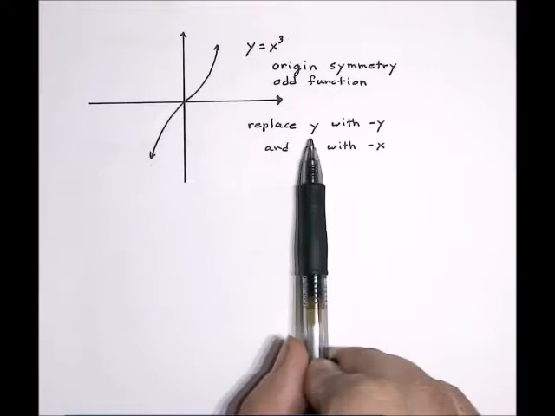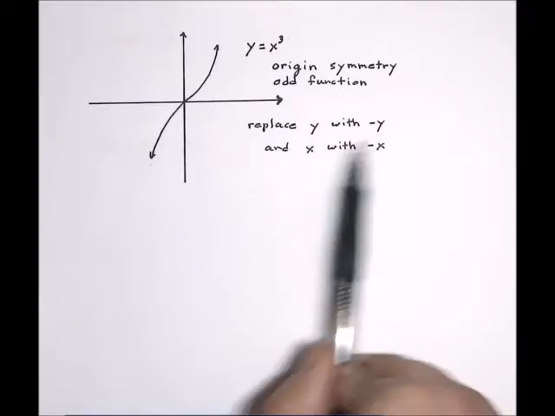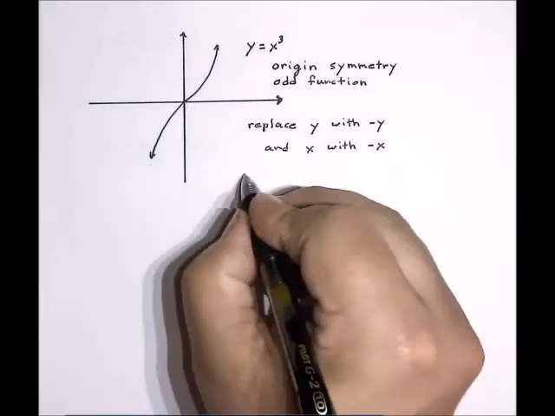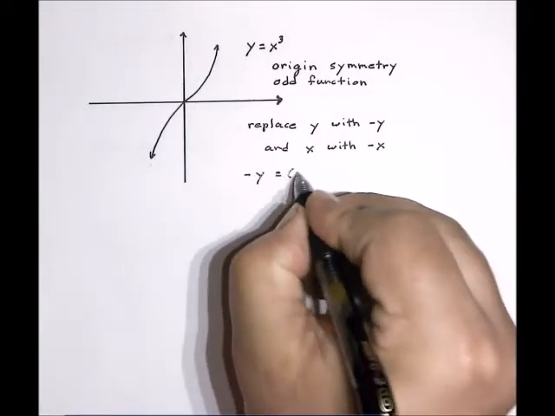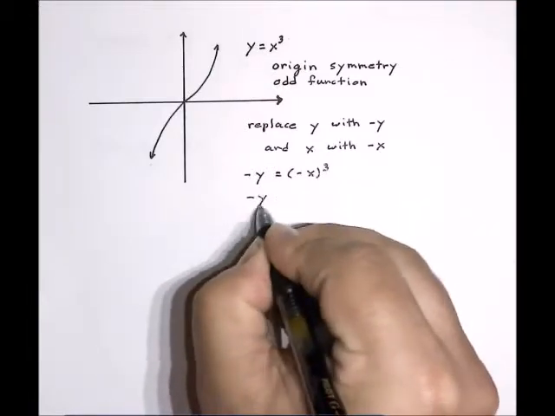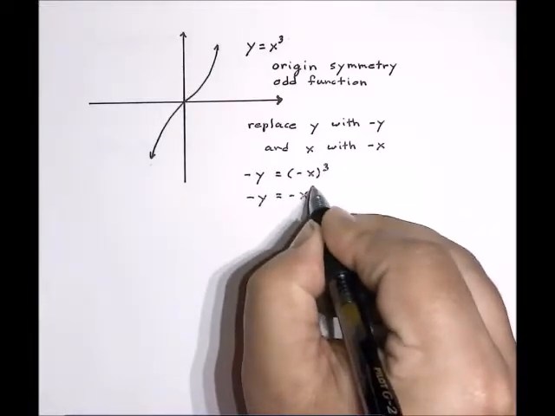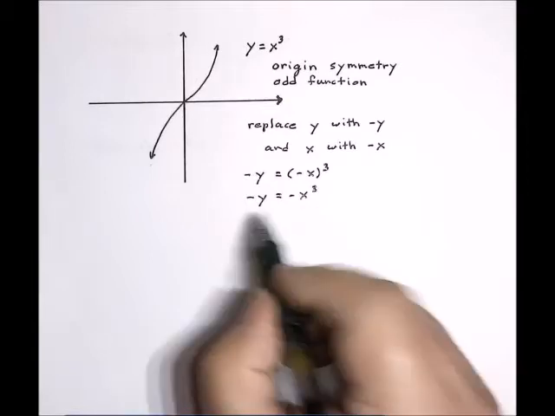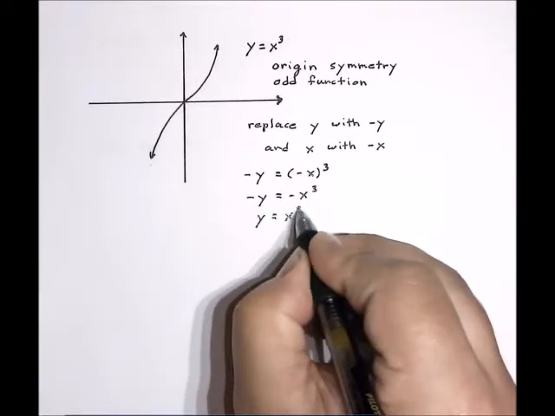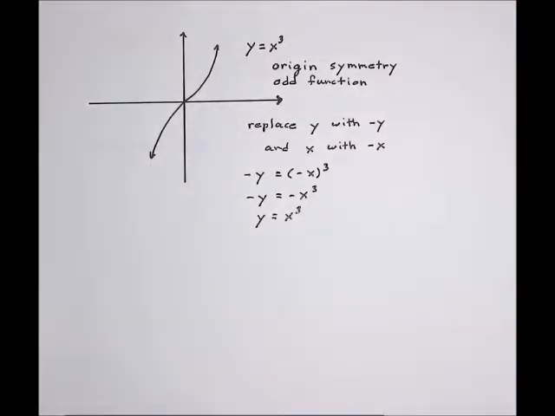We have to replace y with negative y and x with negative x. So let's do that. And when we simplify and then multiply both sides by negative 1, I do get the original equation out. So y equals x cubed does have origin symmetry, and it is also called an odd function.